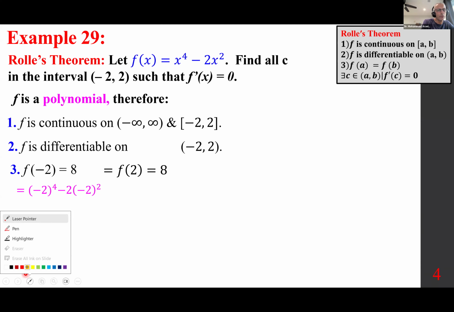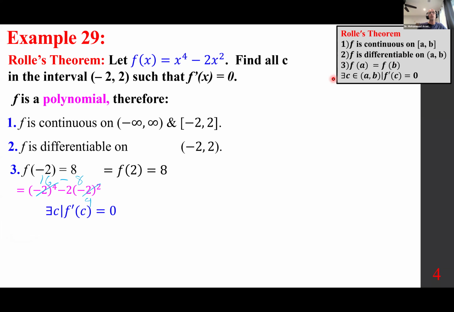So let me just write it underneath. No matter what, it's 8. So we have the first one, the second one, and the third one. Therefore, there must be a number such that f prime is 0 somewhere between -2 and 2.